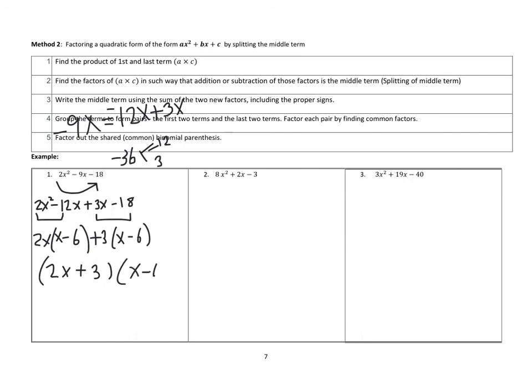And here, the next one, I multiply, so I get negative 24. So what two numbers? I need 6 and 4. So it must be negative 4 and positive 6. So now this becomes 8x squared plus 6x minus 4x minus 3.